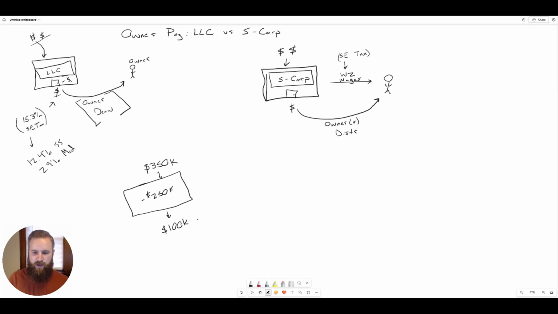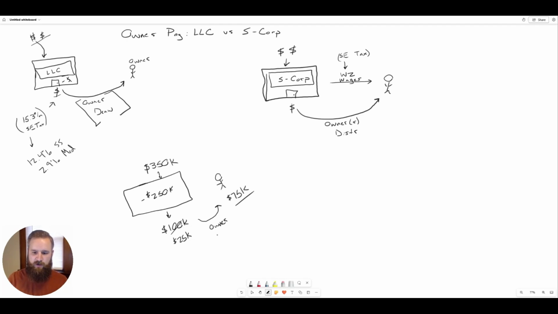Let's say that through that period, you paid yourself, the owner, $75,000. So out of your $100,000 profit, you paid yourself $75,000. So this leaves $25,000 in the business account. So you took $75,000 in owner draws.